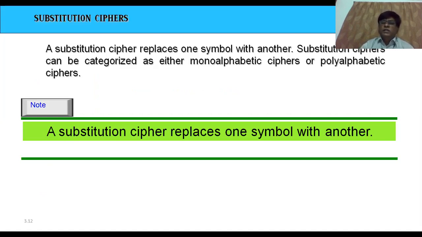The plain text is converted into the cipher text by replacing each and every symbol in the plain text with another symbol. That's why the attacker cannot convert our cipher text into plain text.